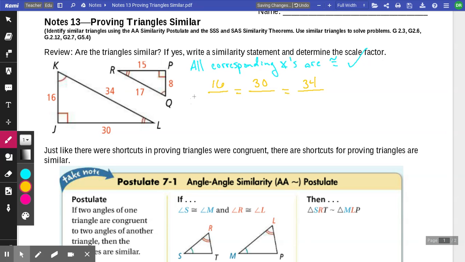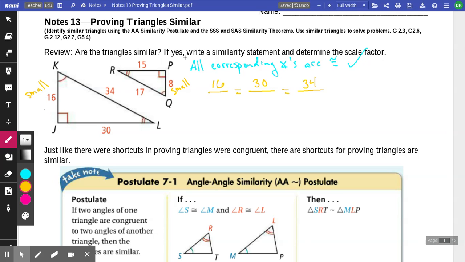And then for the smaller triangle, we'll put all of those in the bottom of those fractions. And there are ways that we can know where those have to go. One of those ways is you could look at the angle markings and base it off of that. But you can also do a very easy check. If you ever need to know which sides go together, just go through this. Figure out the smallest side in one triangle and compare it to the smallest side in the other.